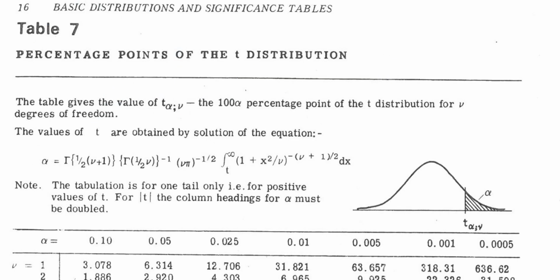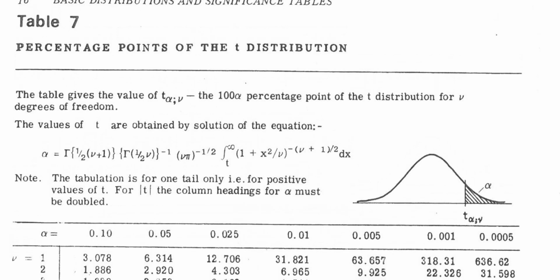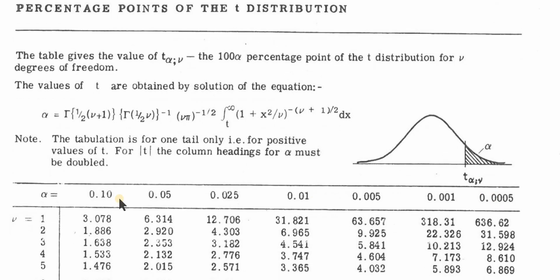This is the T distribution table of the Modox table. We can see that it is bell shaped, and the area under the curve on the right hand side is alpha. Alpha is on the horizontal value here, which is 0 something. It cannot be greater than 1 because it is a probability.